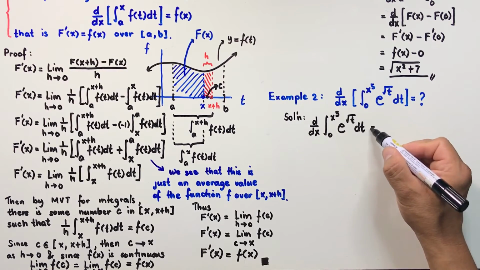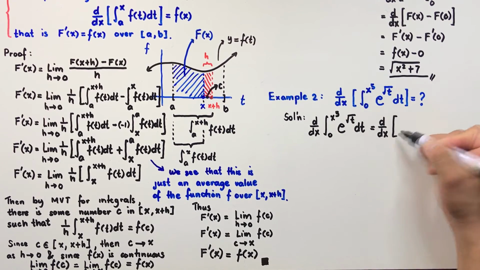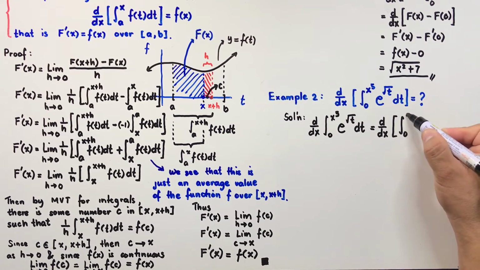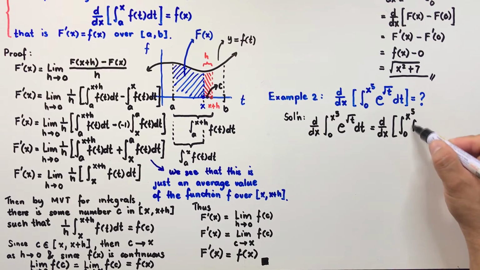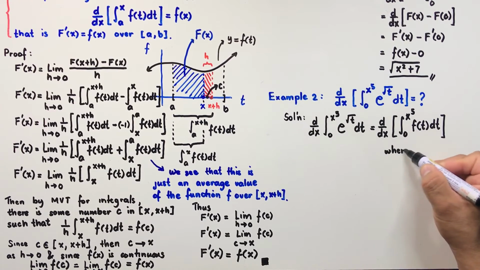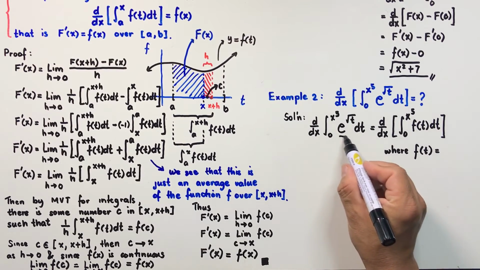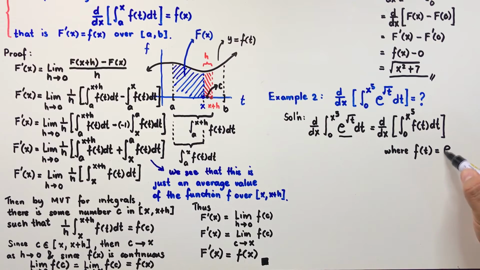We write this one as the derivative with respect to x of the integral from 0 to x to the power of 5 of our f of t dt, where our small f of t is this function here, which is e to the power of the square root of t.